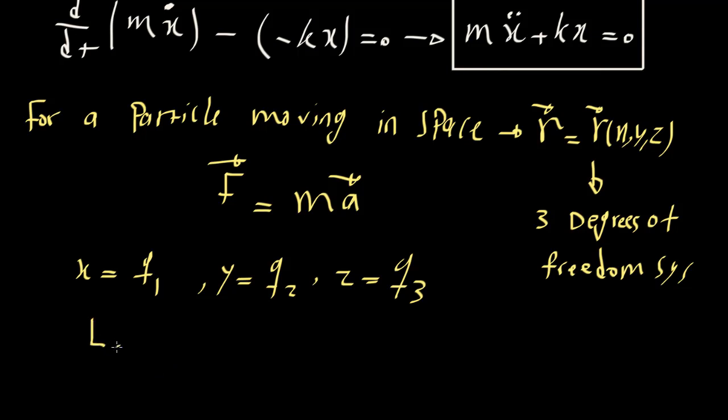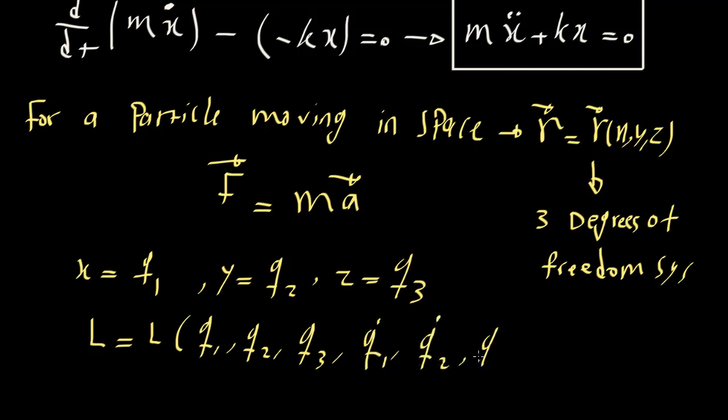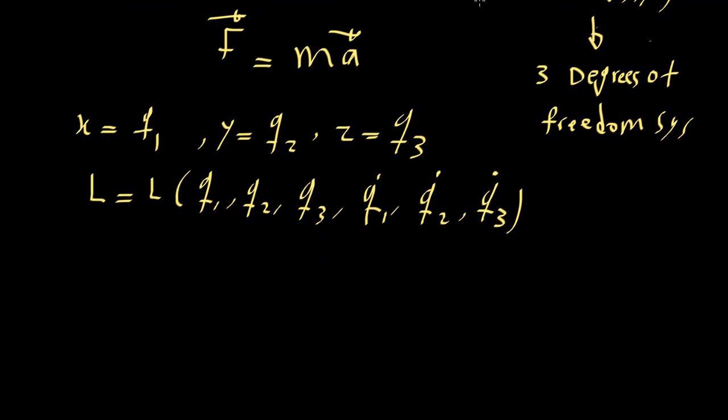So the Lagrangian here would be a function of q1 in general, q2, q3, and then q1 dot, q2 dot, and q3 dot. And also in general, I can write down t here. So again, this is a scalar quantity.